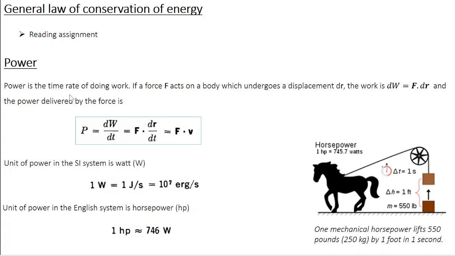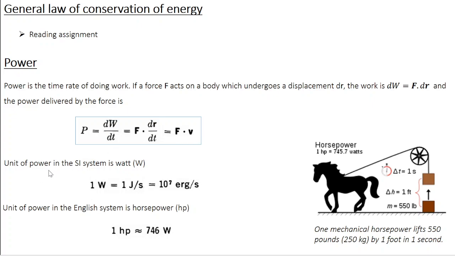And the power delivered by the force is defined as P equal to dW by dt, time rate of doing work. Okay. So let's substitute for dW here. This is F dot dr, and if you assume that the force F is a constant, then this is going to be F dot dr by dt. dr by dt is the velocity, so this is F dot v. So power P equal to F dot v.